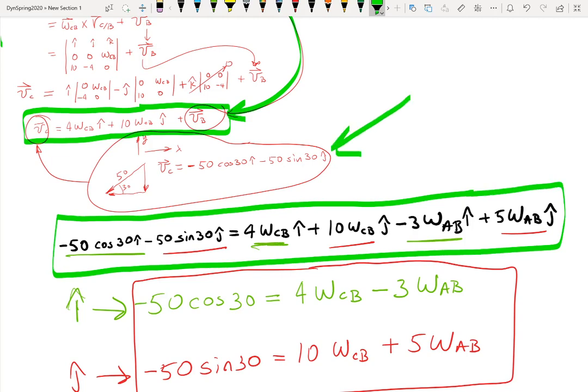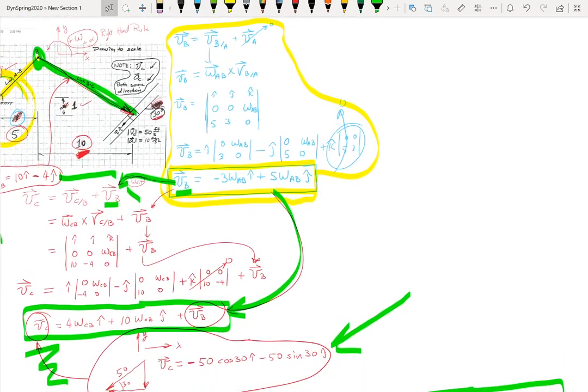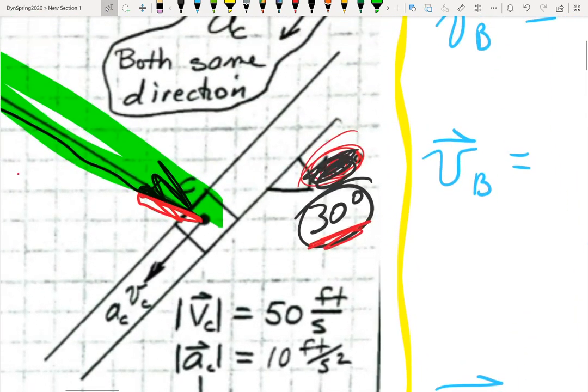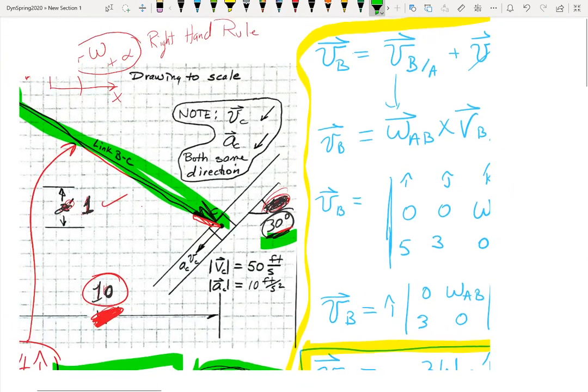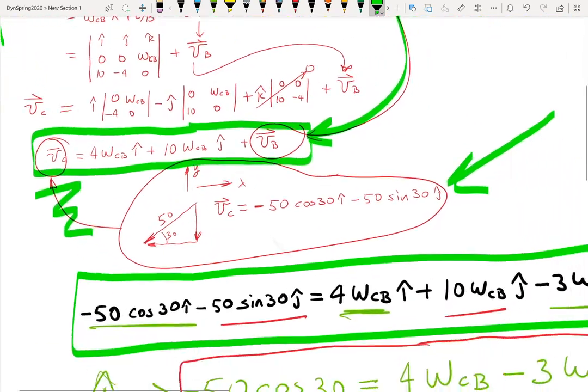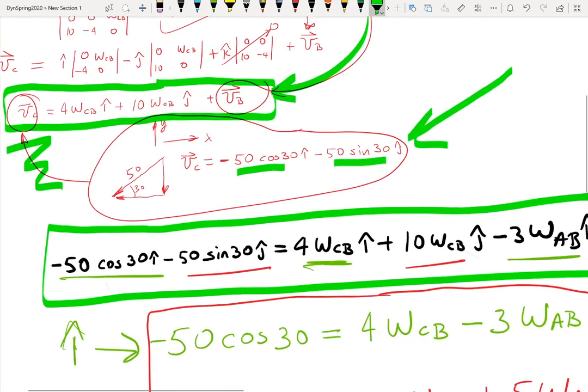The velocity C on the left-hand side is such that it's prescribed. Now, in my case, I made it 30 degrees. In your case, it's 45. You just go down here, and I had 30, so I had to put in 30 and 30. So I get this equation.